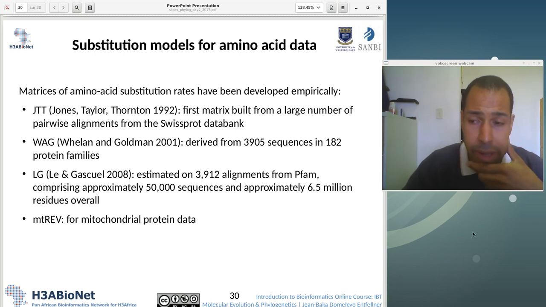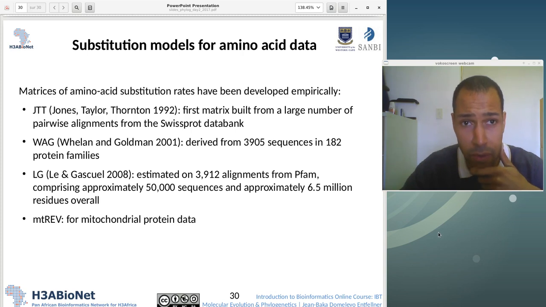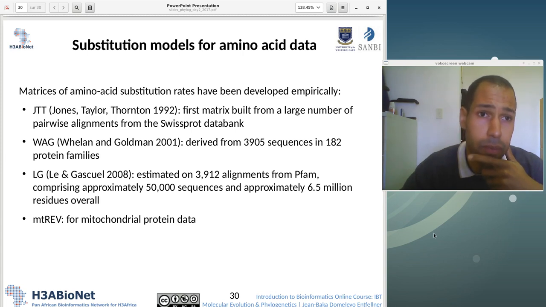For amino acid data, you also have models. I'm not going to present each of them here. These models are based on a matrix of instantaneous mutation rates or substitution rates that are matrices of 20 rows by 20 columns, because the alphabet of amino acids is composed of 20 characters.